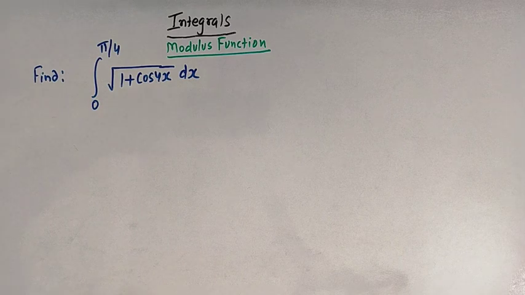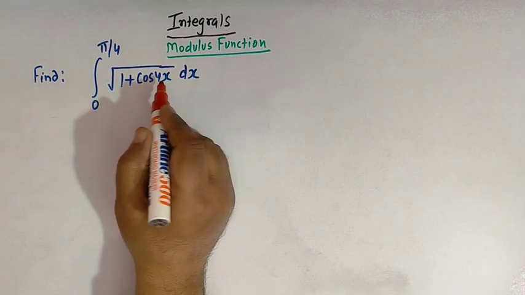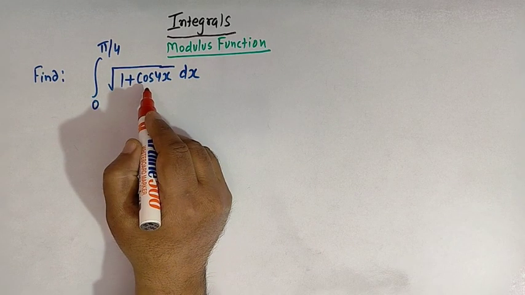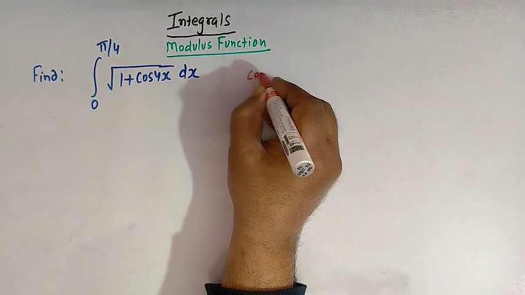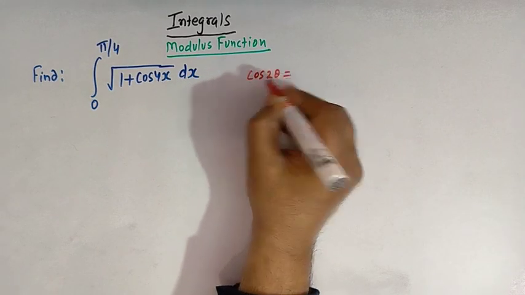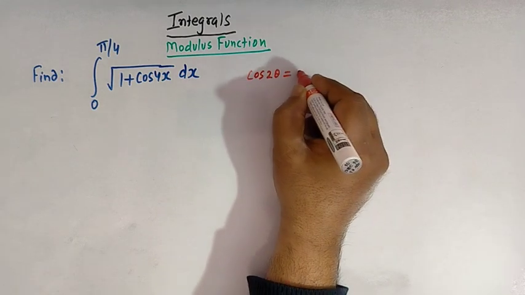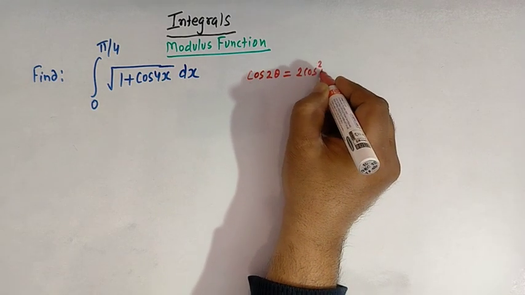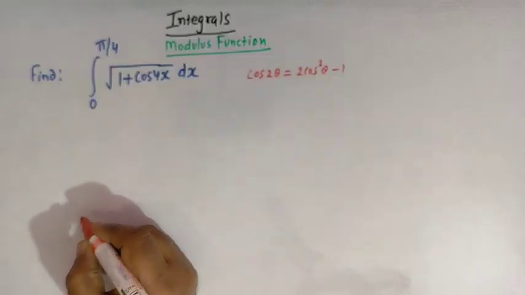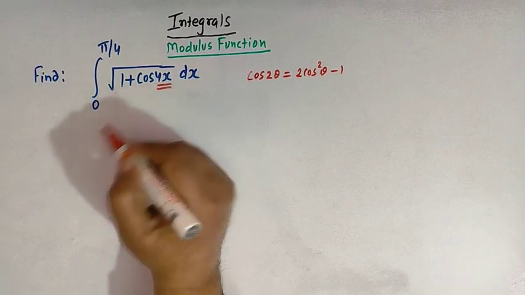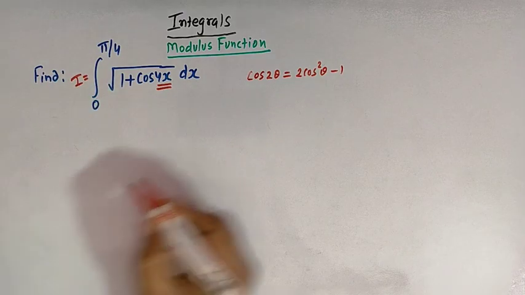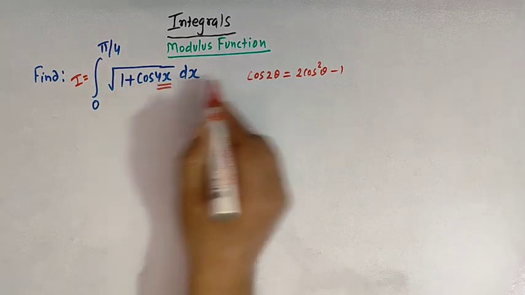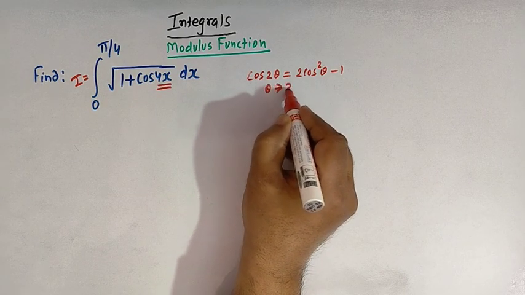So let us start. In order to solve this definite integral, let us apply some trigonometry. Let us first see the formula for cos 2 theta. We know that cos 2 theta is equal to 2 cos square theta minus 1. Now here we have 4x, so let us consider this integral as I, and replace theta by 2x.